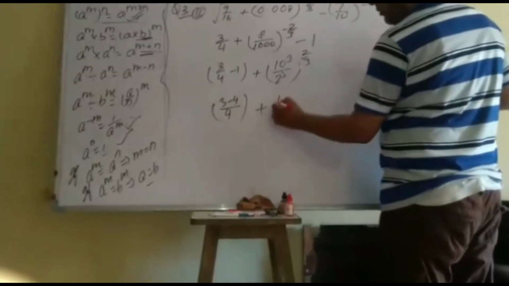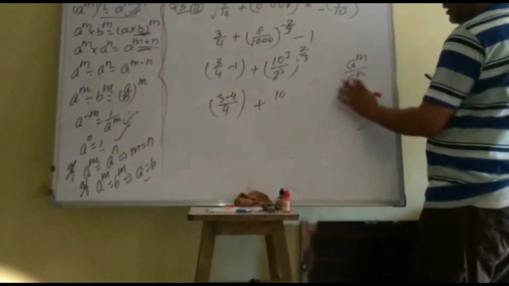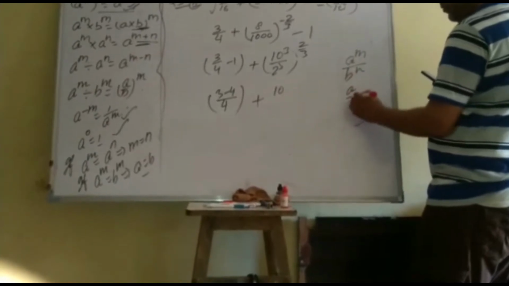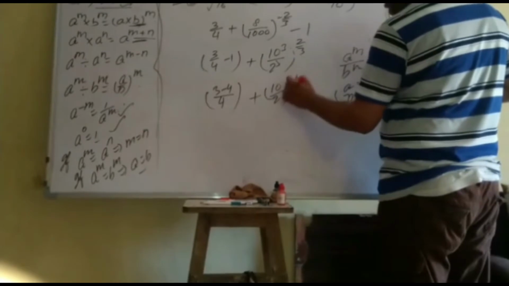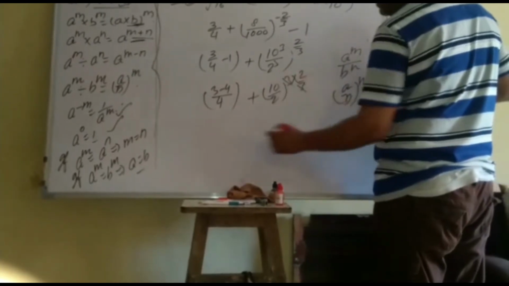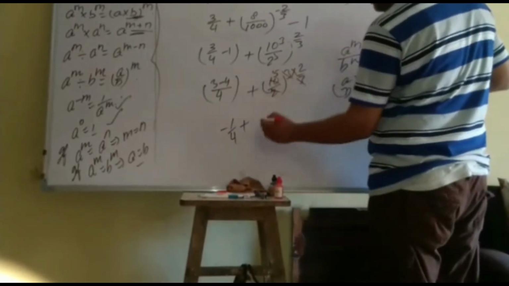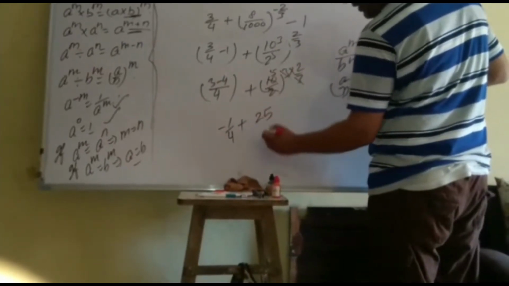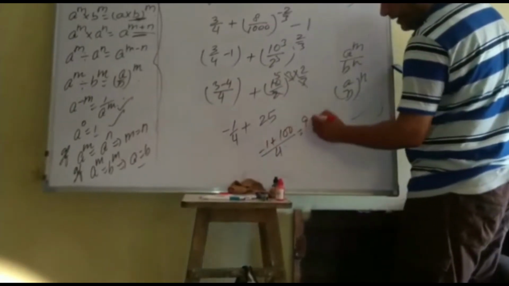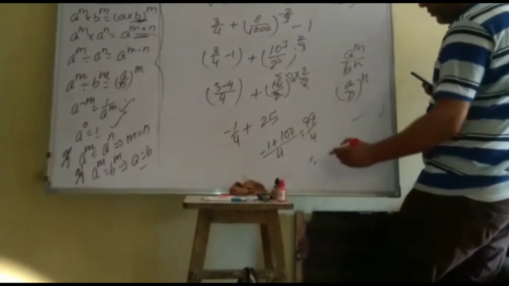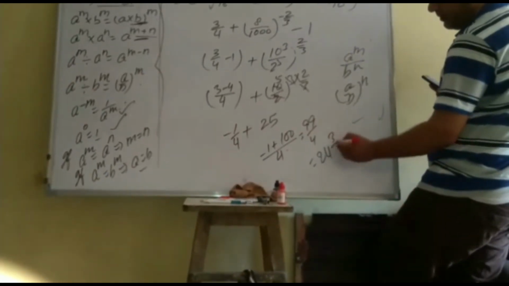Now, A raised to power m upon B raised to power m, you can write as A upon B whole raised to power m. So 10 by 2 cube into 2 by 3 cancel. So it will be minus 1 by 4 plus 2 fives are 10, 5 square is how much? 25. LCM 4: minus 1 plus 100. So it will be 99 by 4. And your final answer will be 24 sixes are... 24 fours are 96, 3 by 4 is your answer.